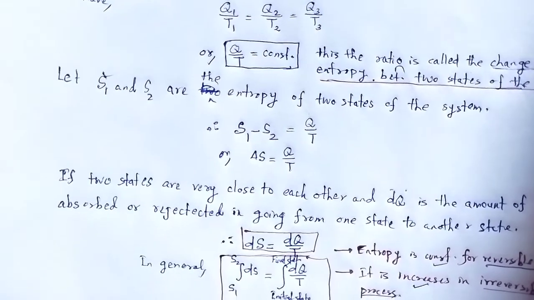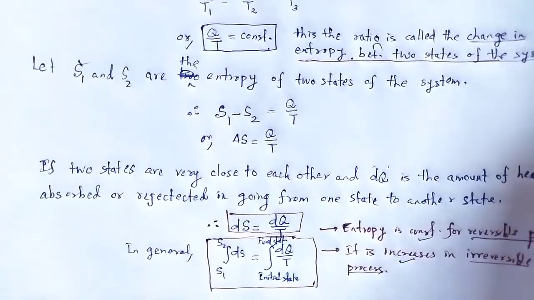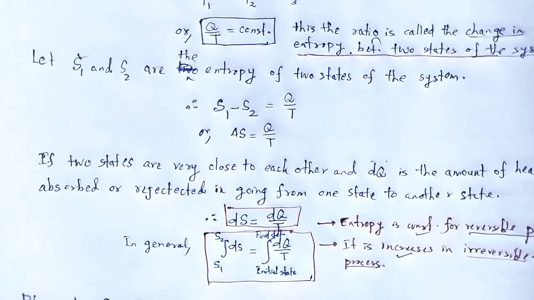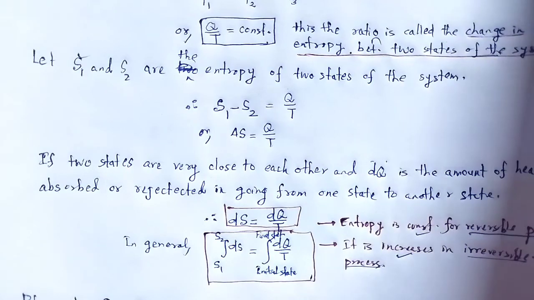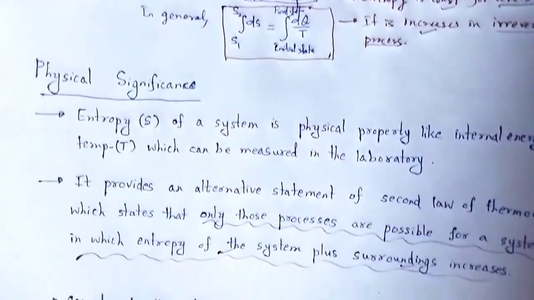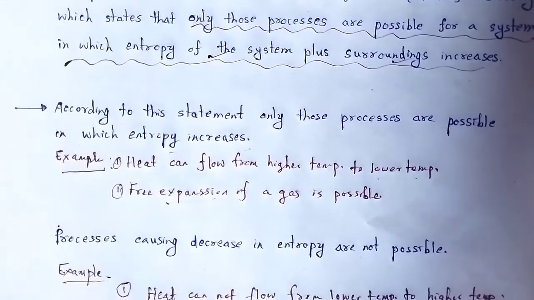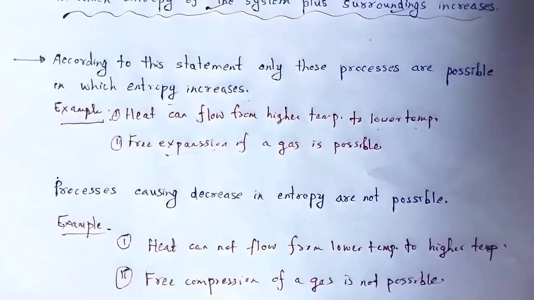Finally, we took the mathematical form: entropy is constant for a reversible process and always increases for an irreversible process. And finally the physical significance of entropy.